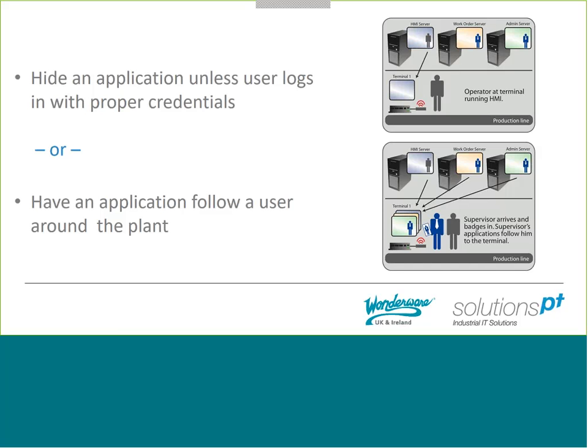So when he badges in, it logs the other guy out, removes those applications, and pulls through the stuff that's relevant to him. If he then moves to a different area or logs out of the machine, those bits of content are going to follow him around the factory floor. So a really easy way of managing who has authorization to view what content.